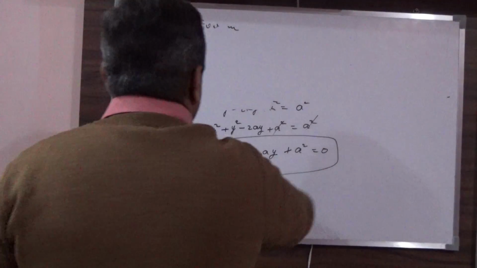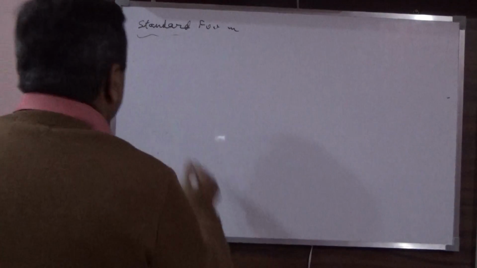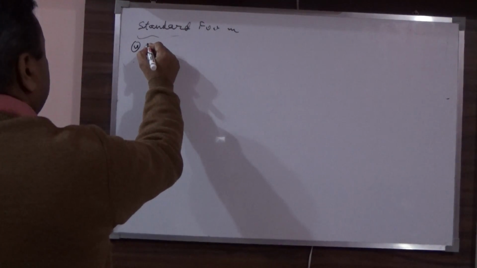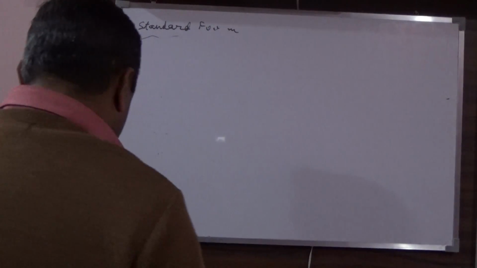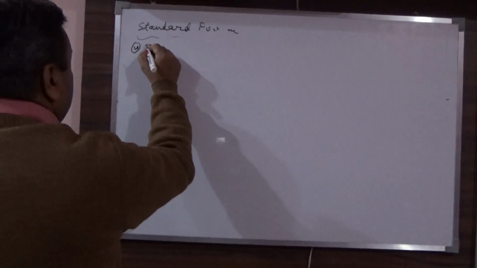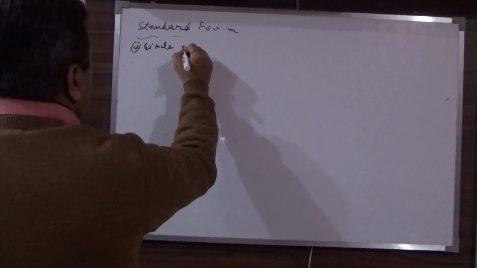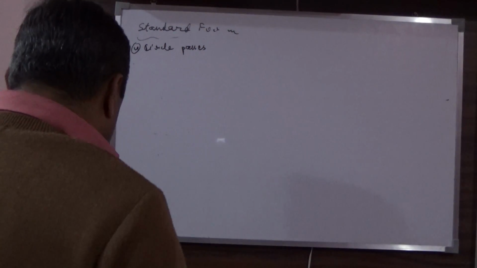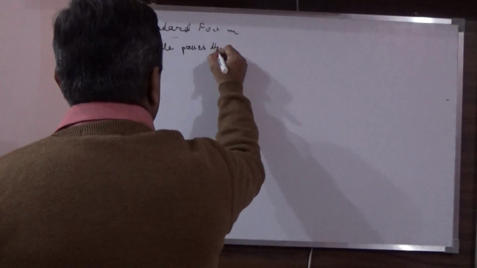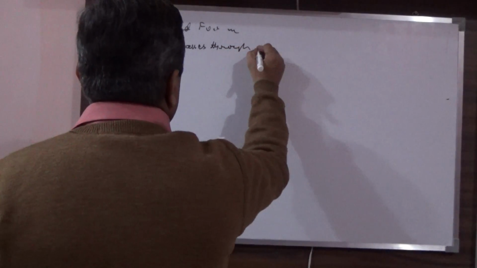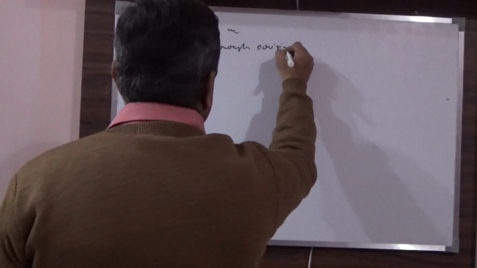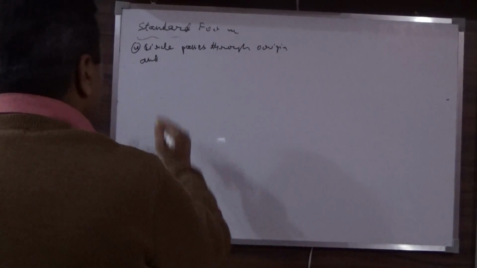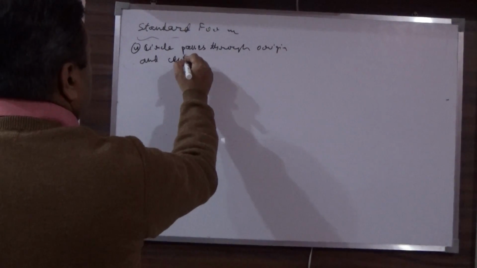This is the sixth part. The circle passes through the origin, and the center lies on the x-axis.